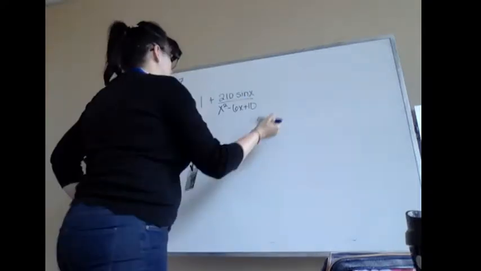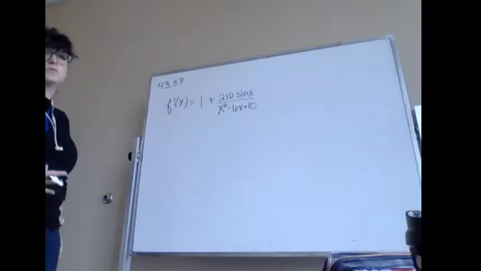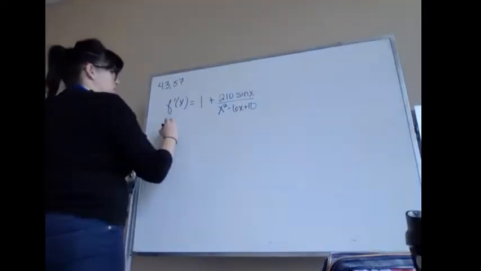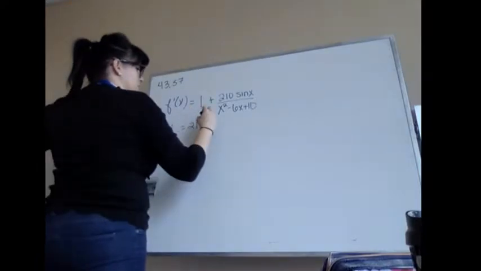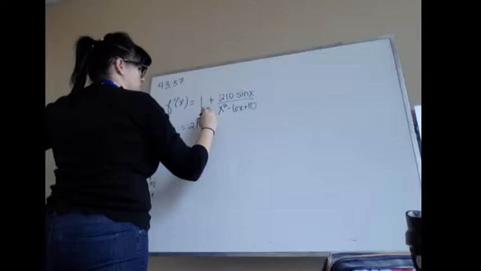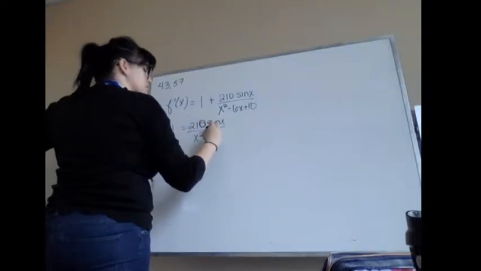Okay, so we just need to set this equal to 0 because this is already the derivative. So negative 1 equals 210 sine x over x squared minus 6x plus 10.